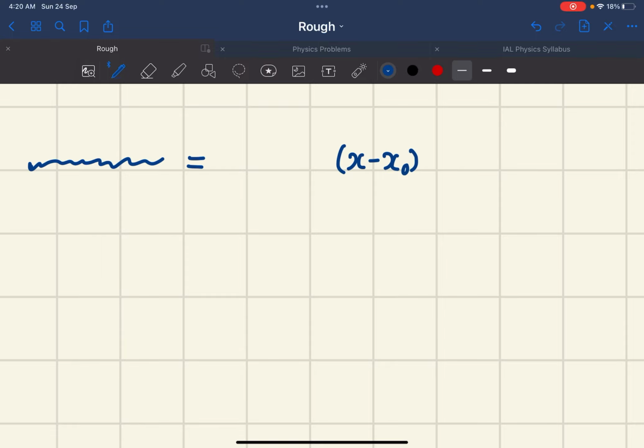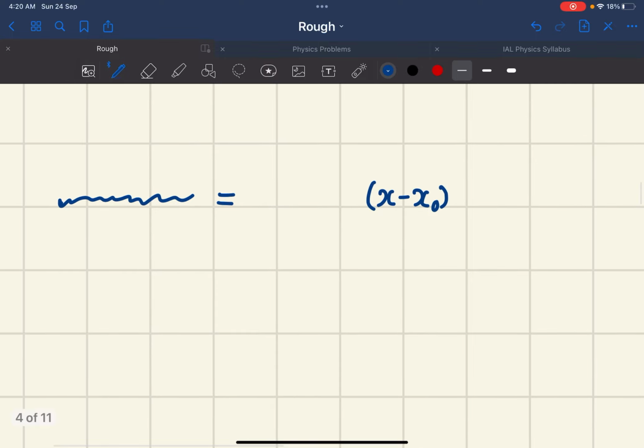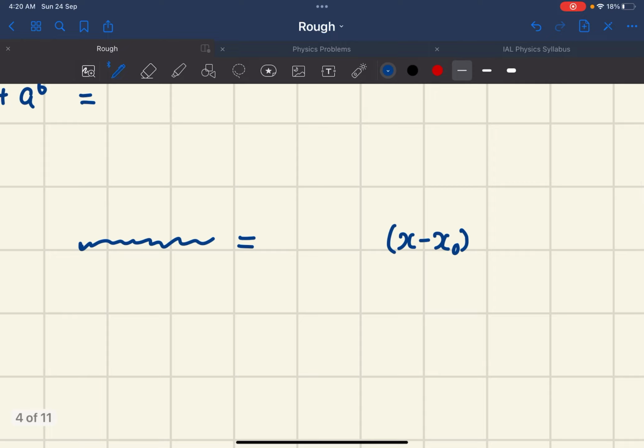So what do we mean by dividing? If we want to divide 47 by 7, 6 times 7 is 42. 42 plus 5 is 47.